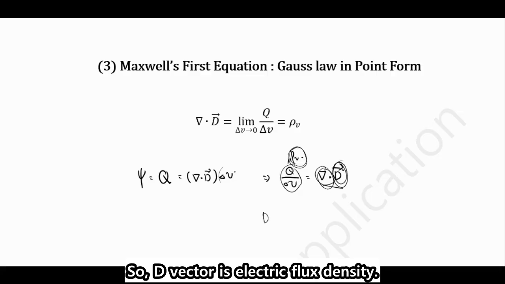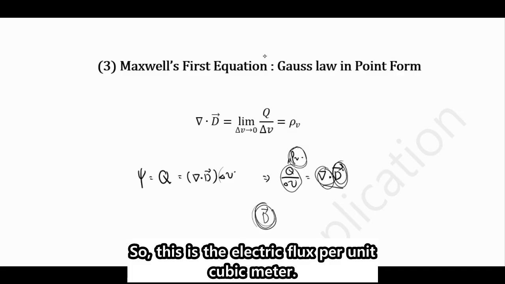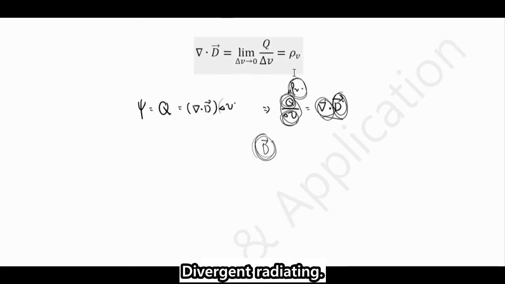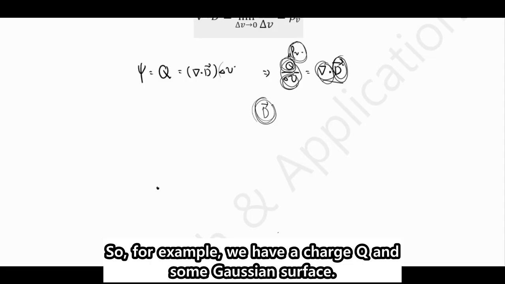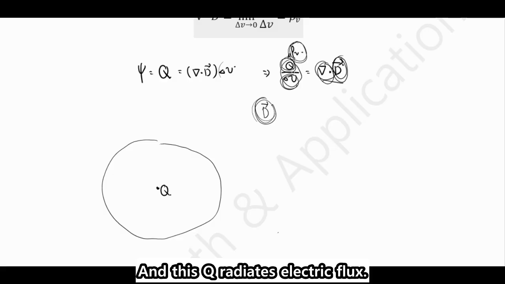The meaning of divergence is radiating. D vector is the electric flux density, so this is the electric flux per unit cubic meter. This is the meaning of divergence. For example, we have a charge Q and some Gaussian surface, and this Q radiates electric flux.